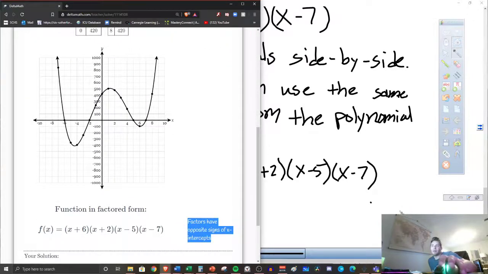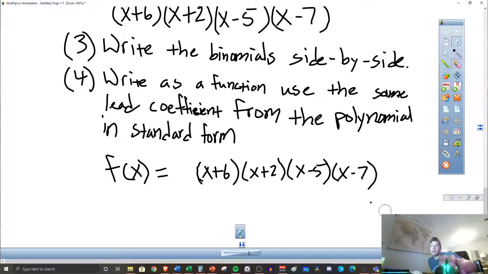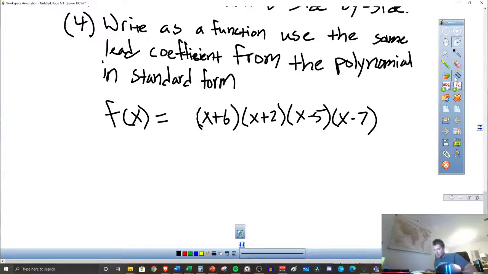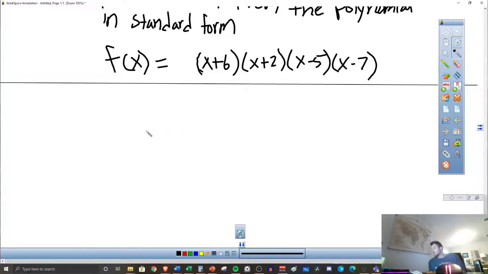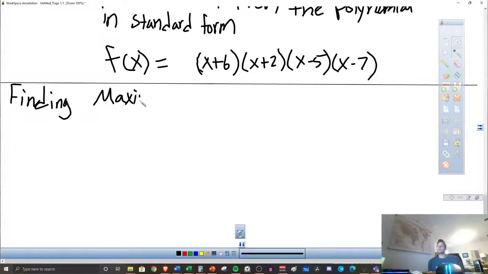And you saw my example here. So let's go to the next topic, which is going to be maximums and minimums. Draw another line, you do the same. We're going to talk about finding maximums and minimums.